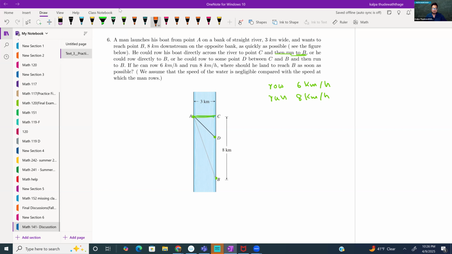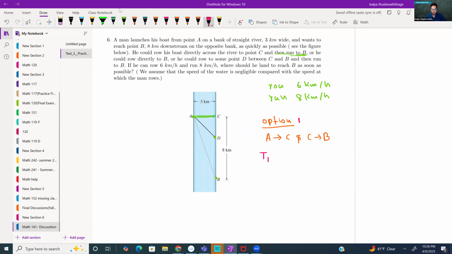Right. So let me find the first option. Option one says you go from A to C and then run from C to B. I call it option one.